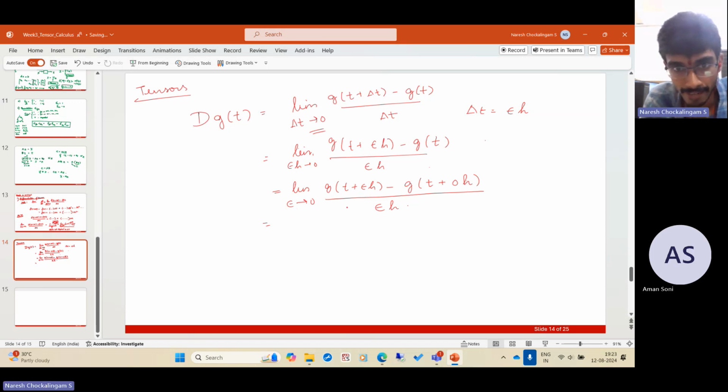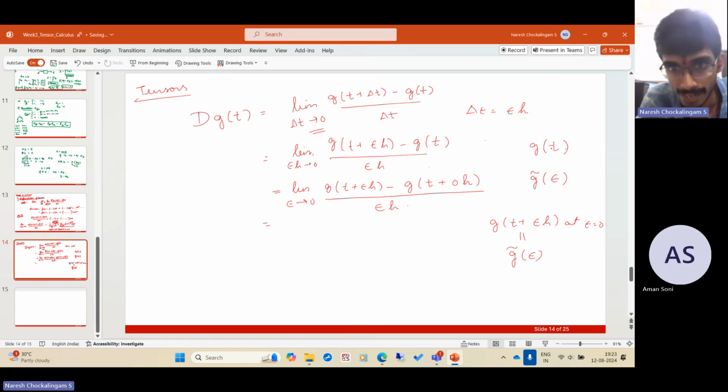But what is this by definition? By definition, you can think of it as taking the derivative of g of t plus epsilon h at epsilon equal to 0. So you can define this g of t plus epsilon h as some g tilde of epsilon, right? So g has the argument t, g tilde has the argument epsilon.